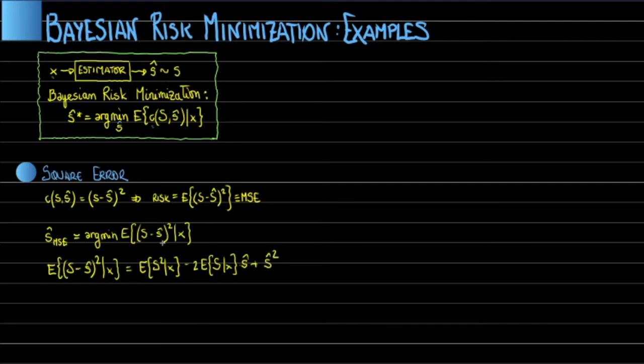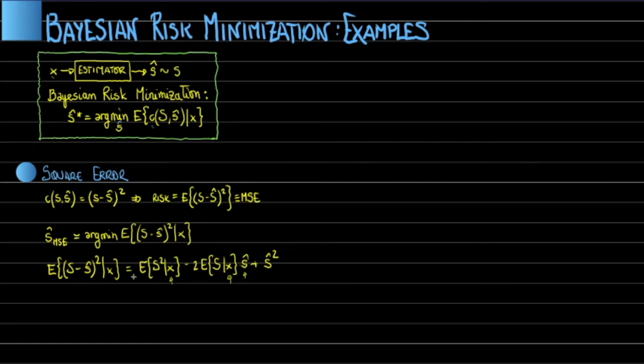Okay, we have computed the square of the difference, and I have taken out from the expectation operator all constant terms. Take into account that S hat is actually a random variable, but it is a deterministic function of x. If x is assumed to be known in the expectation operator, S hat is no longer a random variable, and we can just take it out from the expectations.